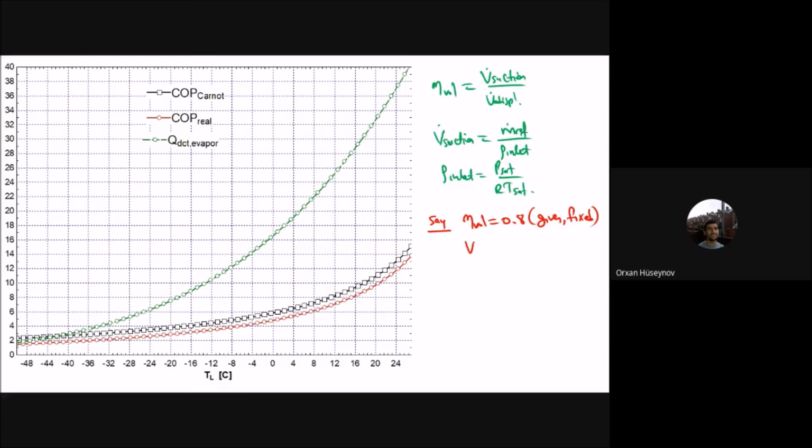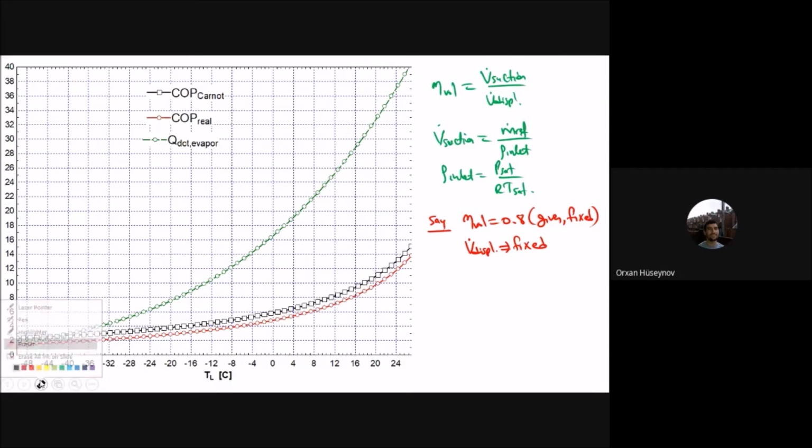And I know that the V dot displaced is the geometry of the compressor, and it is also fixed. So only V dot suction could change. Sorry, that V dot suction is constant. It doesn't change because volumetric efficiency is constant.